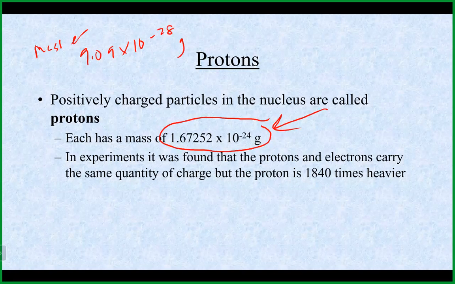So that also helps us understand why they felt that the nucleus, which is where you find the protons, is most of the mass of the atom, because each proton is about 1,800 or so times heavier than any electron that there is. So electrons out from the nucleus flying around, negatively charged, positive protons within the nucleus. Each proton, again, 1,800 or so times heavier than an electron.